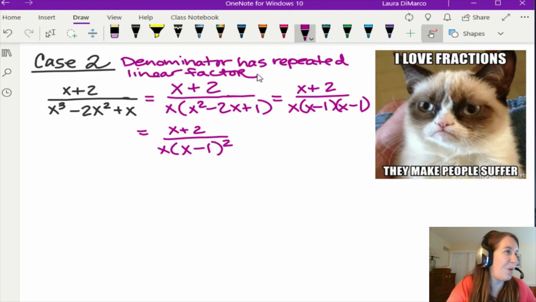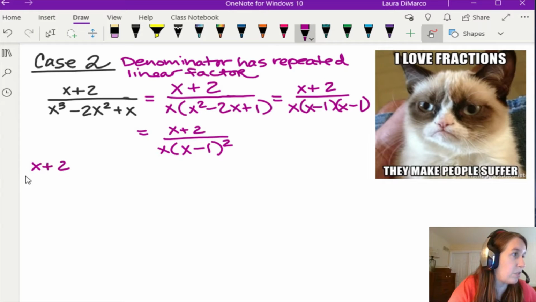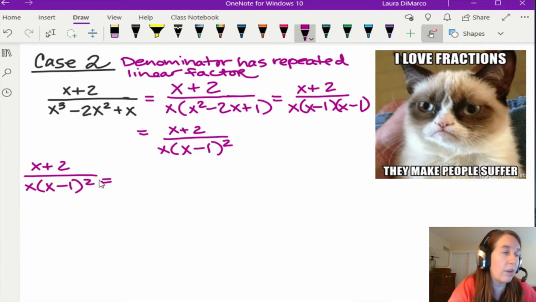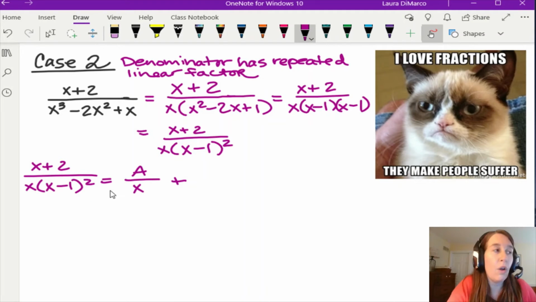Okay, so to set those up, let's start with the problem: x plus 2 over x times x minus 1 squared. We're going to break it down in the same way, A over x plus, but when we have these repeated linear factors, we're going to have a couple more terms.